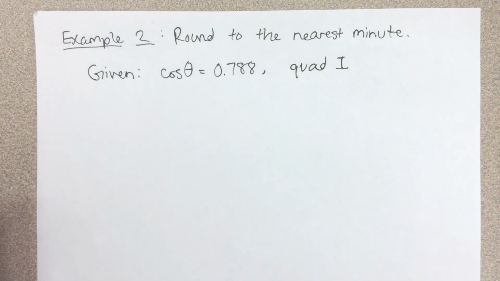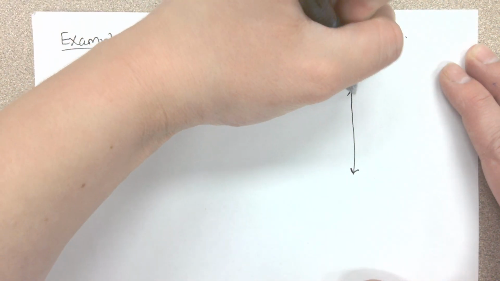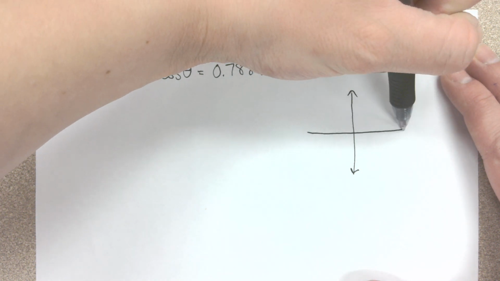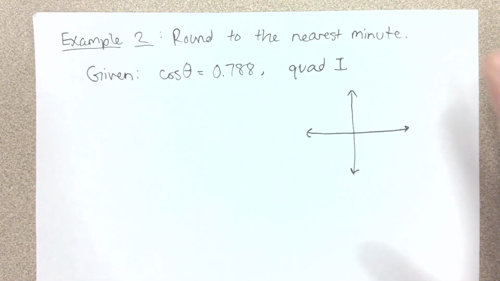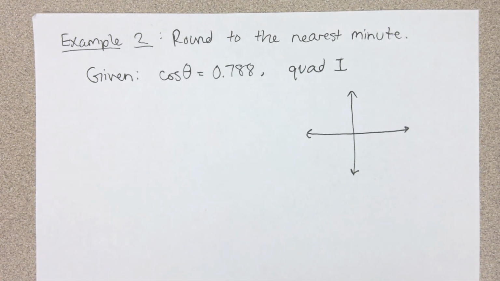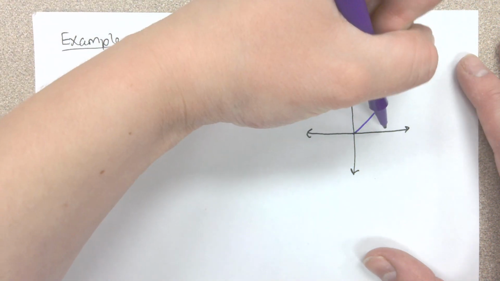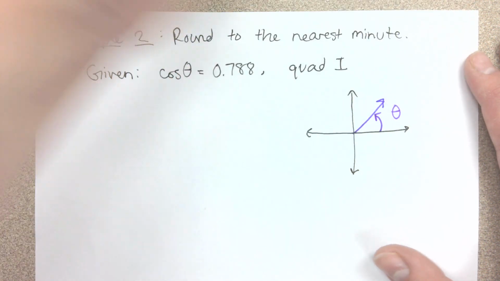First things first, let's just start with an image to work with. Again, this is a very rough graph because we don't have a lot of information, so it's more of just a visual tool at this point. We're in quadrant 1. There's our angle of rotation, which is theta.